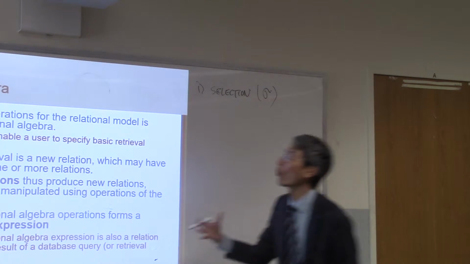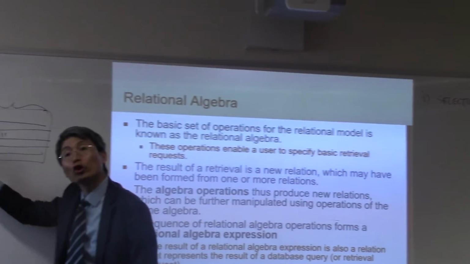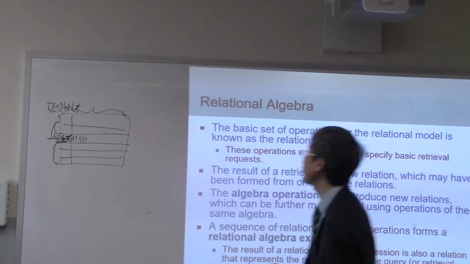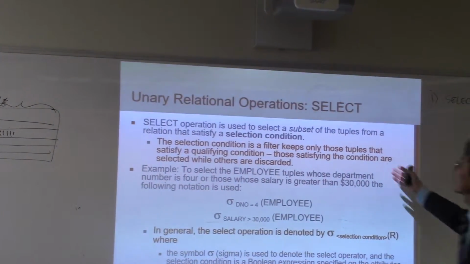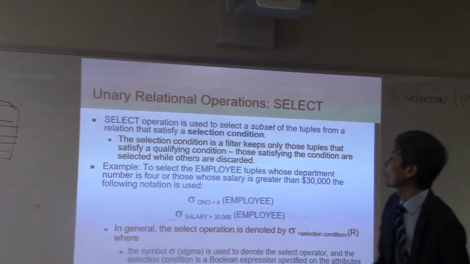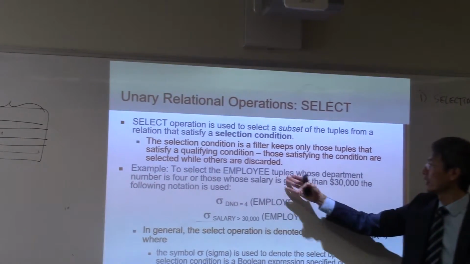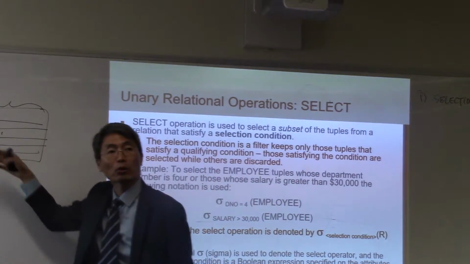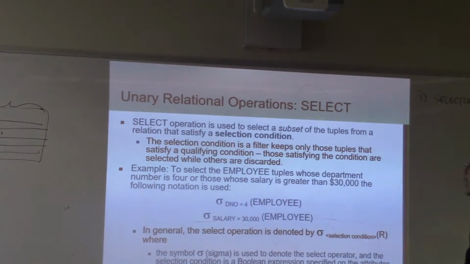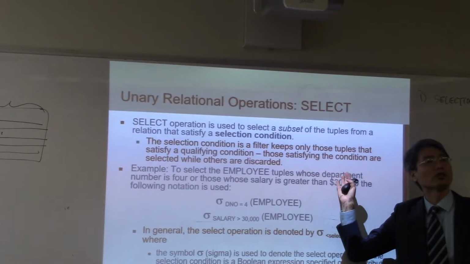How can we use it? Whenever we access the relation by tuple, by data. For example, we have this request. We'd like to select the employee. Okay? We'd like to access the employee tuple. But there's a condition.